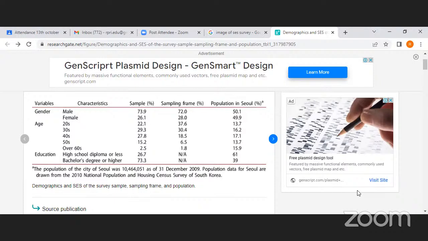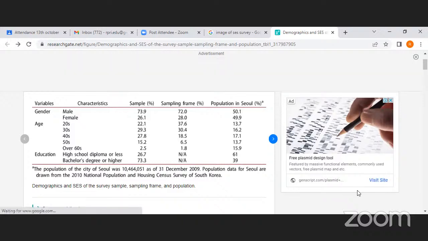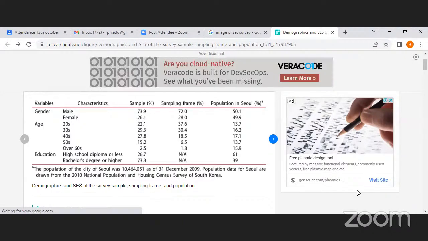Okay. So what we have noted here are the variables: gender, age, education. The three variables are there, and each variable has some categories. For example, in case of gender, male, female. Okay.